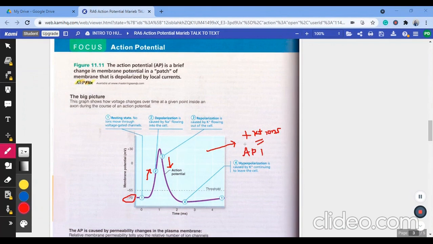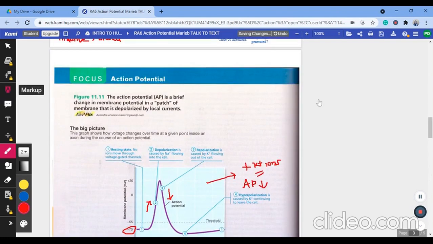Okay, I got cut off at that part, but basically what I was saying is that as more potassium ions are being released, the action potential, or the membrane potential, decreases.